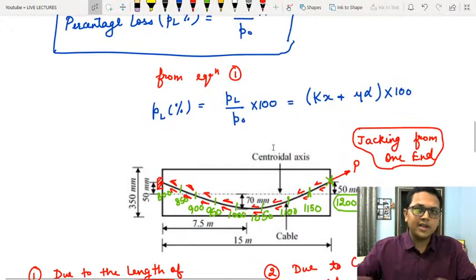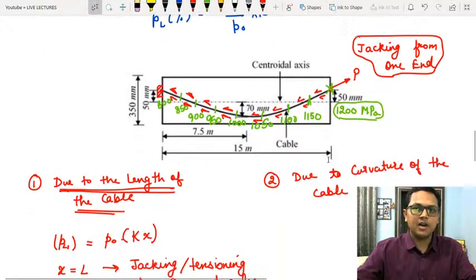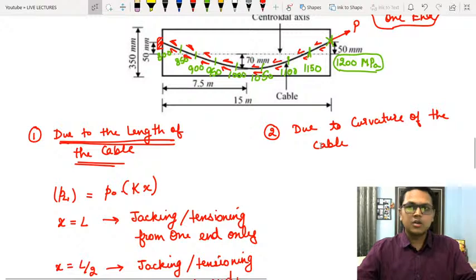So we know the value of x is equal to 15 meter. Now what we need to find is the alpha. Alpha is due to the effect of the curvature of the cable.